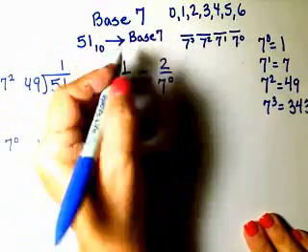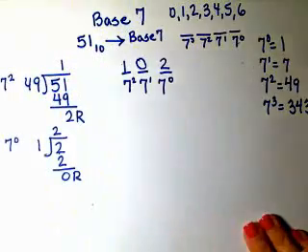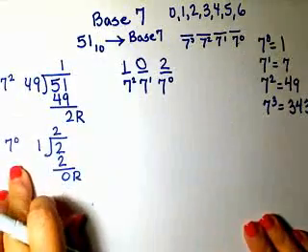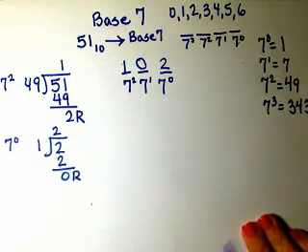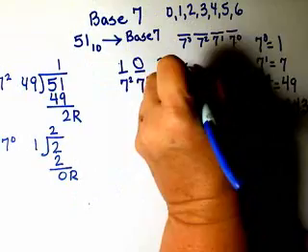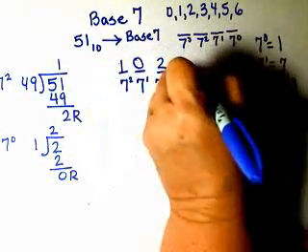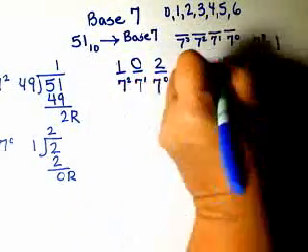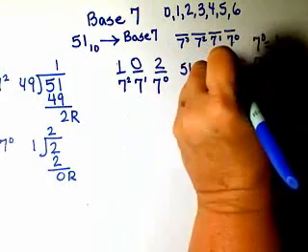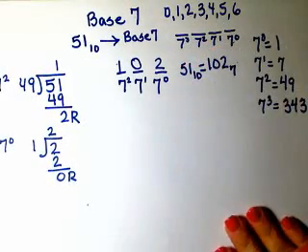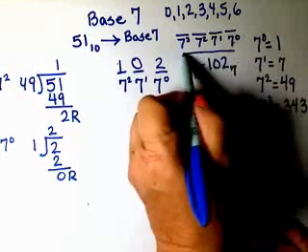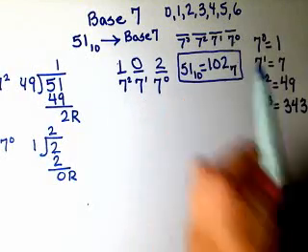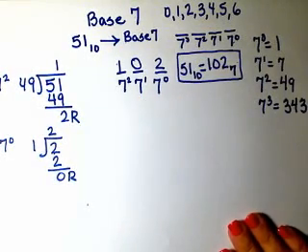And I need a 0 to hold my place for 7 to the first because I don't have one. So 51 base 10 equals 102 base 7.